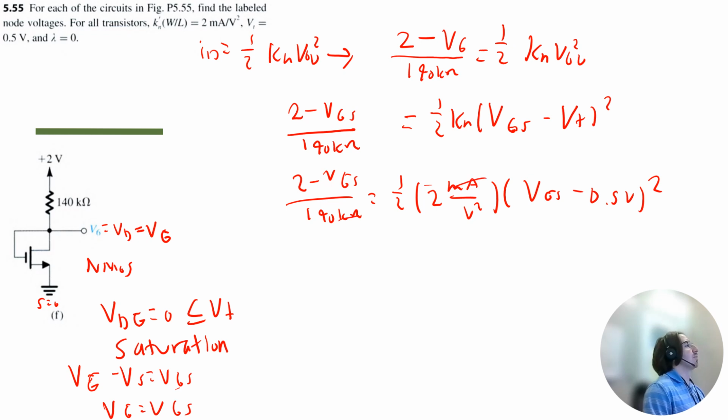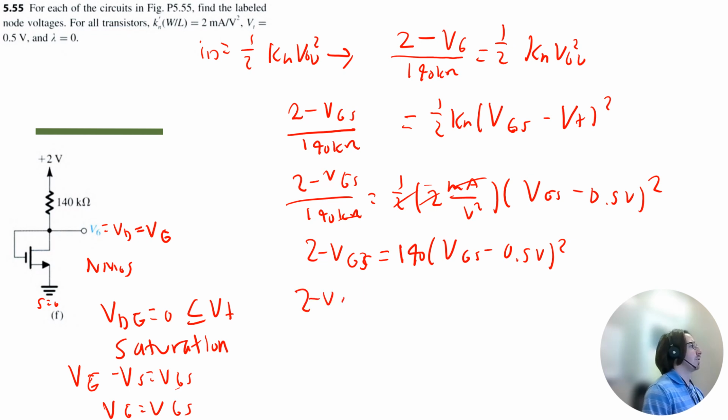So these units will just simplify. So we'll have 2 minus VGS, and really that just means we have 2 divided by 2. So it's just going to be equal to 140 times VGS minus 0.5 volts squared. Okay, let's expand this. So we have 2 minus VGS equal to 140 times VGS squared minus 2 times VGS times 0.5, so just minus VGS.